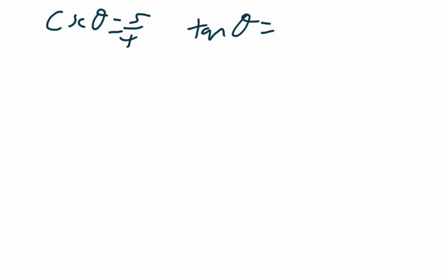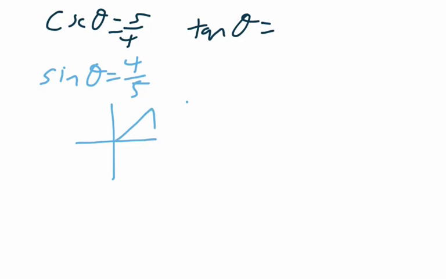Alright, so we're given the cosecant of theta, but I don't really like the cosecant of theta. I really like the sine of theta much better. So when I do this, we did this in the first quadrant, and the opposite over the hypotenuse was 4 over 5.